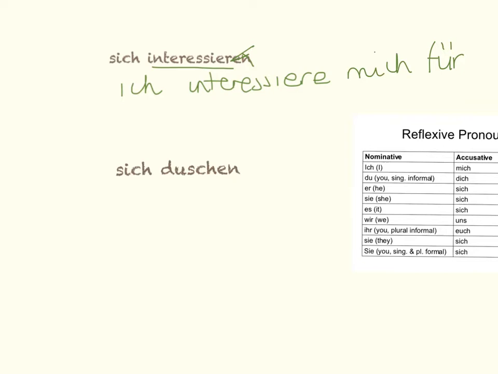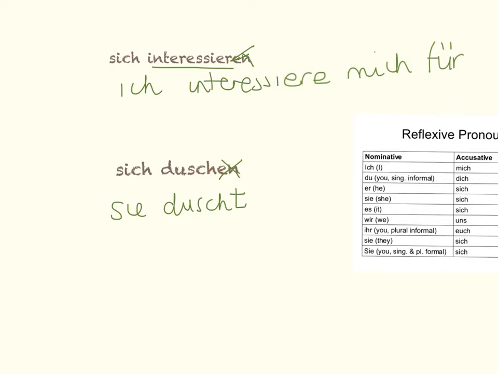Okay, let's take the second example of sich duschen. And the pronoun I'm going to use this time is sie, she. So again, I need to remove the en ending. I'm left with my stem, dusch. I'm going to put sie dusch. I need to select my correct ending, which in this case is going to be t.